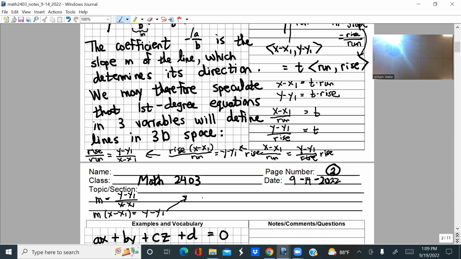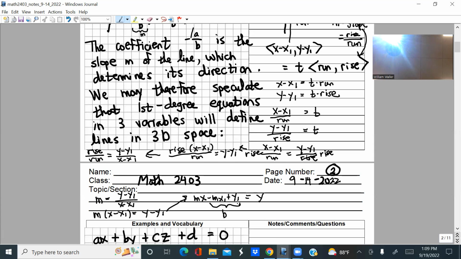I think it's going to be y is equal to m times x minus m times x1 plus y1. There's slope times x, and that's a constant because there are no variables there. So that's the y-intercept right there.